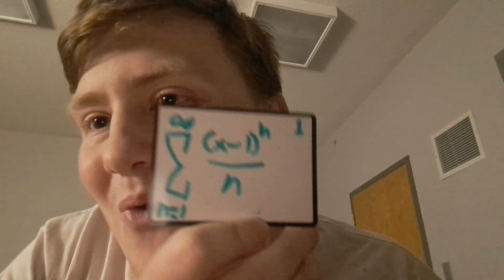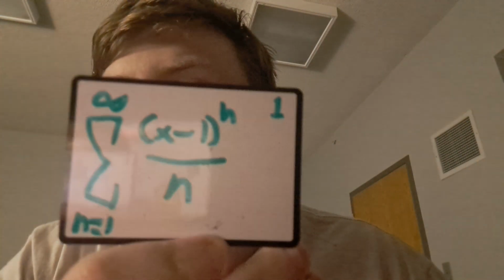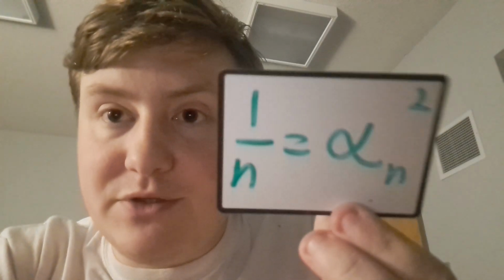Now, let's get to an example of what I'm talking about. The example I'm thinking of is the one I just showed you. (x minus 1) to the n over n, as we just discussed, means that the coefficient is equal to 1 over n.